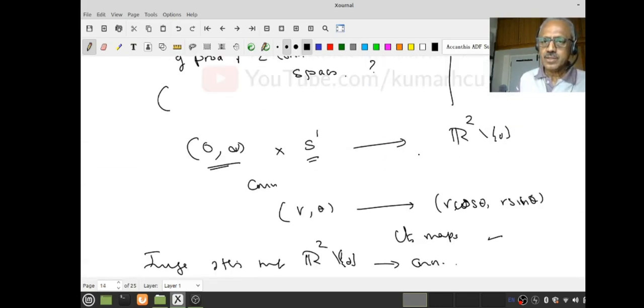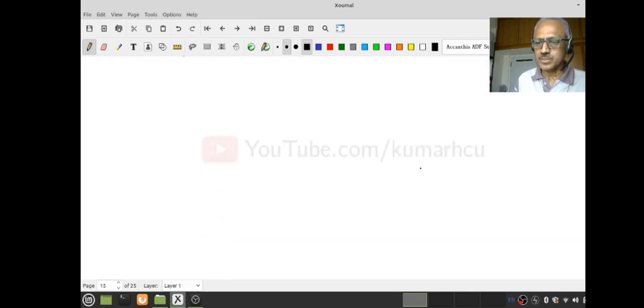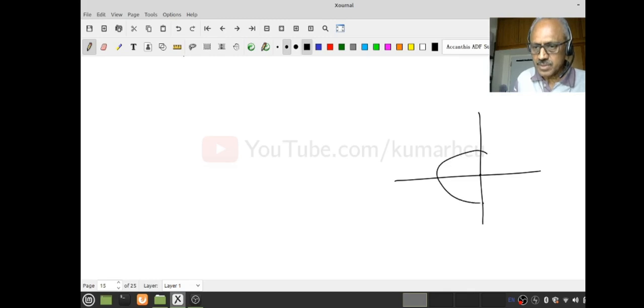Then let us look at cos theta, sin theta, that lies on the unit circle. So the picture is like this. I have this as my circle, the unit circle, x squared plus y squared equal to 1. Now start with any vector. This distance is r, and this is my cos theta, sin theta, and similarly take any vector here.